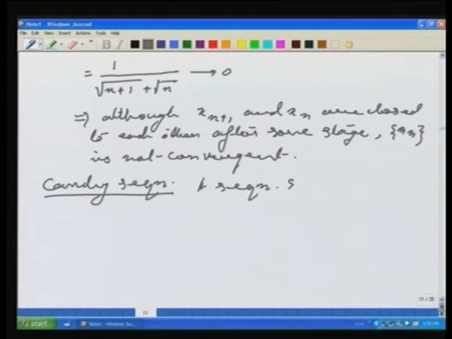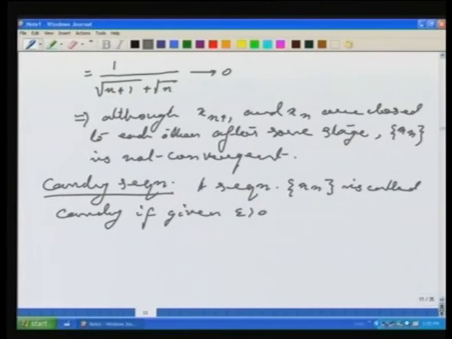I say a sequence x n is called Cauchy if, given epsilon bigger than 0, there exists a stage such that after this stage, if I take two elements, then the difference between x m and x n is less than epsilon.